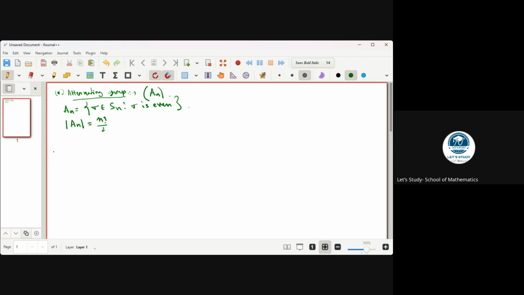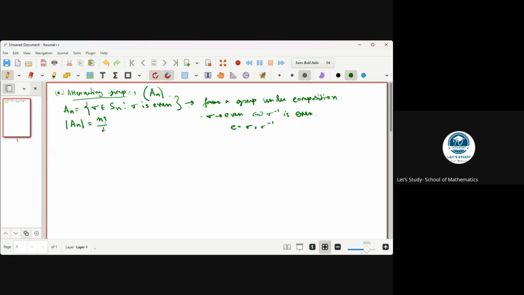Okay. Now the interesting fact is this forms a group under composition. As you can readily see, sigma is even if and only if sigma inverse is also even, and identity equals sigma composed with sigma inverse.